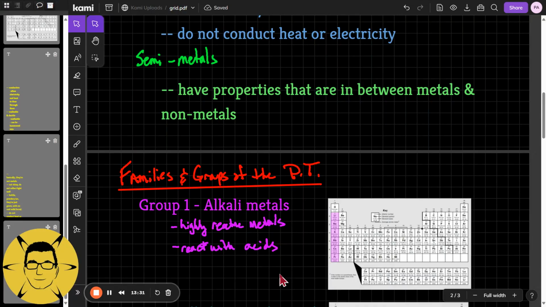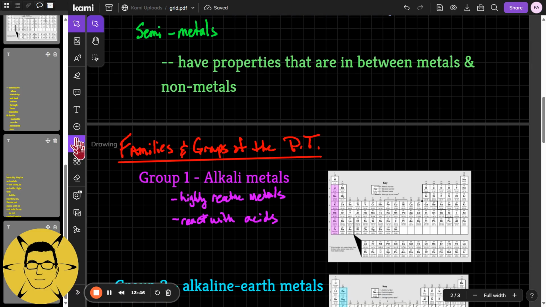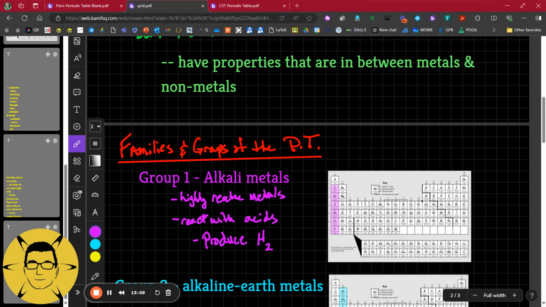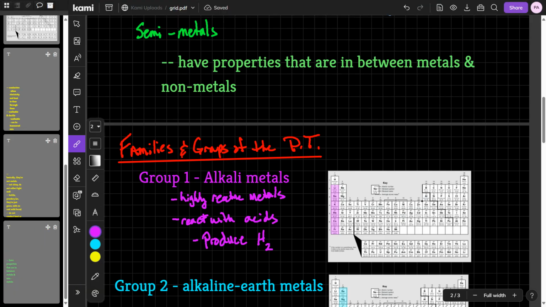These are highly reactive metals. That's what's written up there. Highly reactive metals, and they react well with acids. They will produce hydrogen gas when they are in acid.